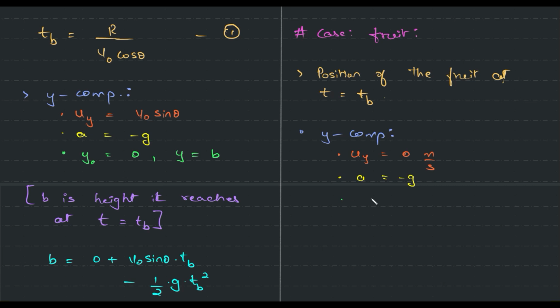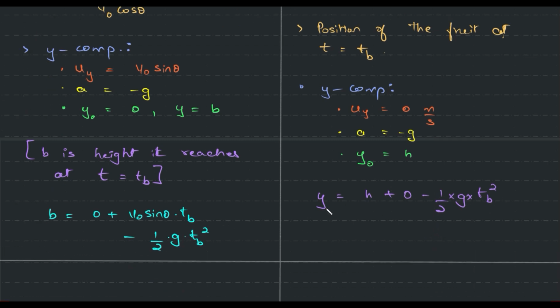Then what else? Then initially it's at a height of h. That's one thing. Then anything else? That's it. So y will be equal to h plus 0 minus half into g into tb square, right? So you can compare this to y and this expression.